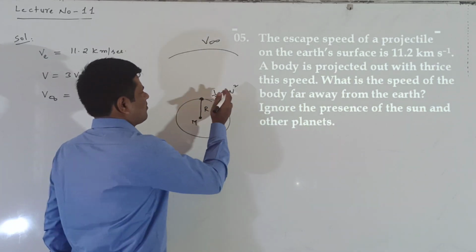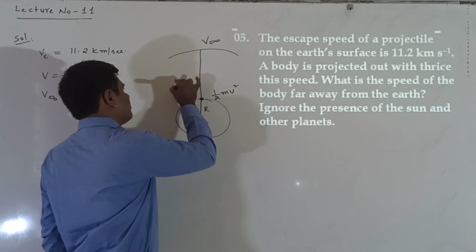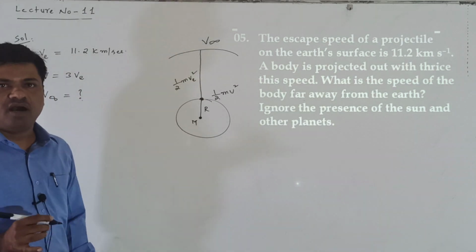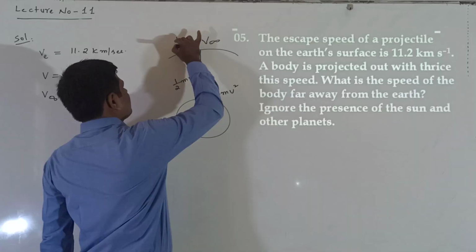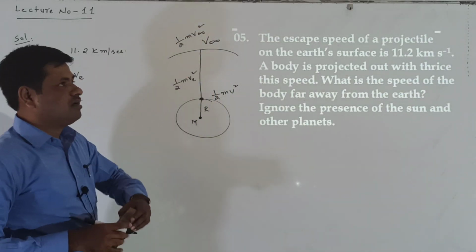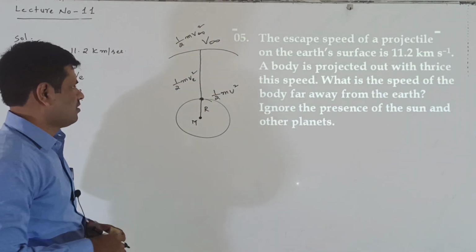In this, half mV square is used to escape from the gravitational field of earth, or to overcome the gravitational field of earth. The remaining half m v infinity square is the kinetic energy of the body in the interstellar space.